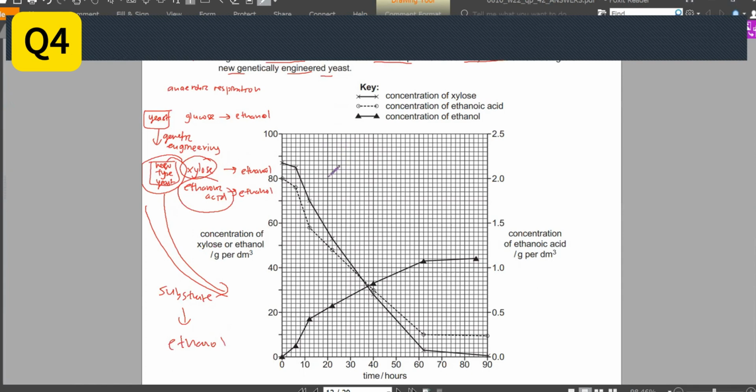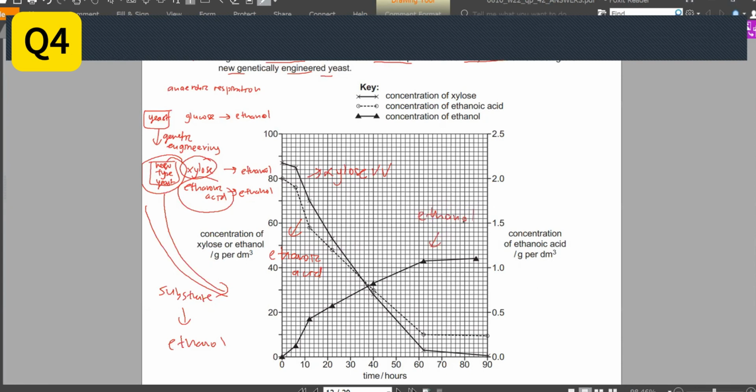So this xylose here is decreasing. That's good. That's what we want. And then the ethanoic acid is also decreasing. That's what we want. That's good. And then this is the ethanol.